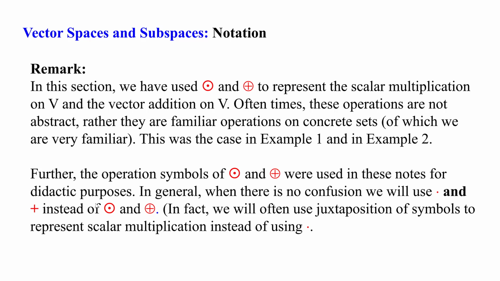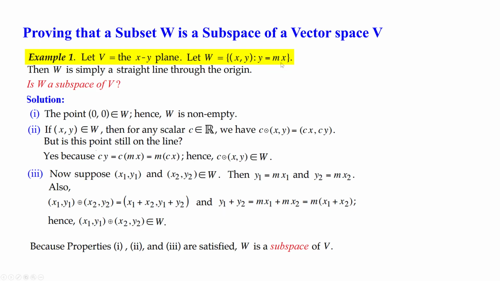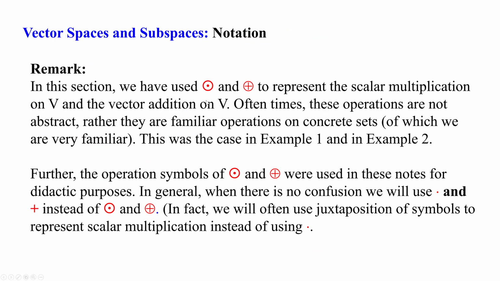Two problems ago, the scalar multiplication was in the plane, and addition was the addition of two ordered pairs in the plane. So the point is, these will be different in each problem. For didactic purposes, I'm using circle plus and circle times to show the abstract nature of these operations.